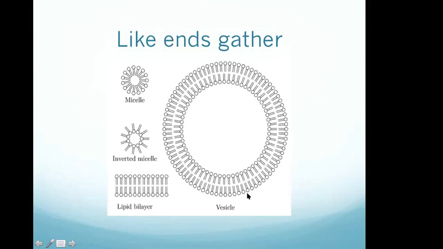And that's how we form a cell. That's how you can have any cell in your body that has water on the inside, but also water on the outside. Most of your body is made out of water. This is how we separate the different parts of your body from one another. This is why you're not all dissolved inside of yourself, because we have these layers here.